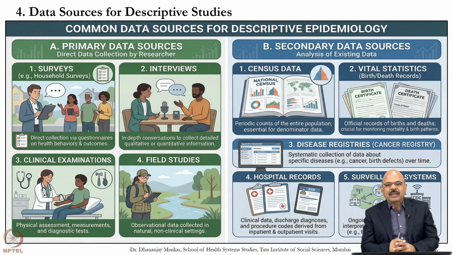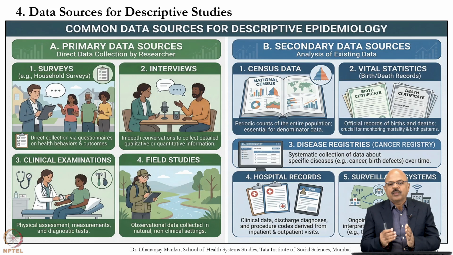morbidity and birth patterns, which makes it clear how important secondary data is. Disease registries, like the cancer registry we have in India, involve systematic collection of data about a specific disease condition, whether cancer or birth defects, over a period of time.